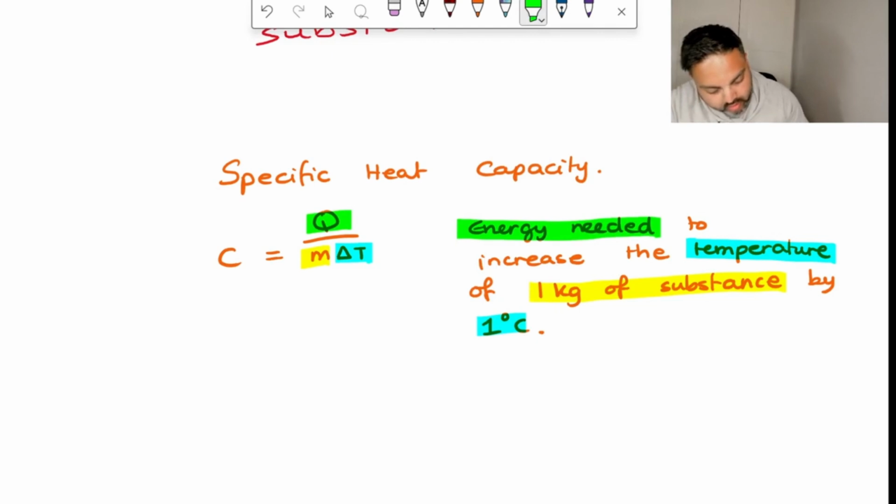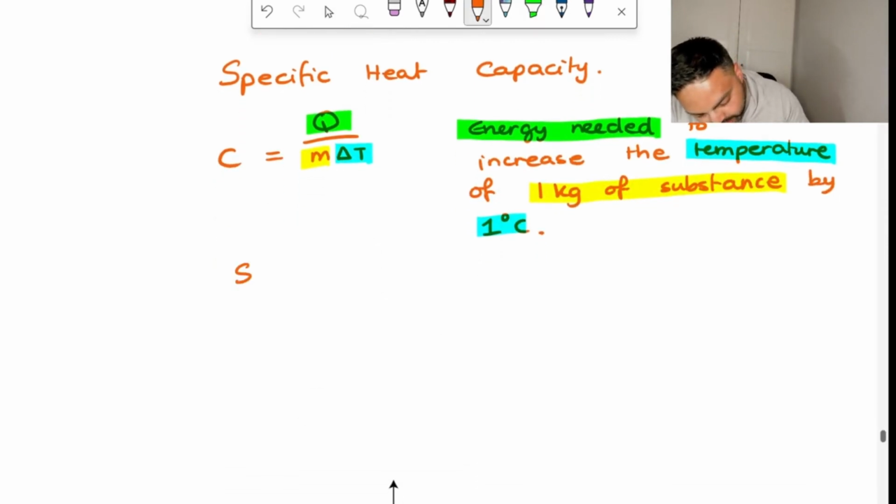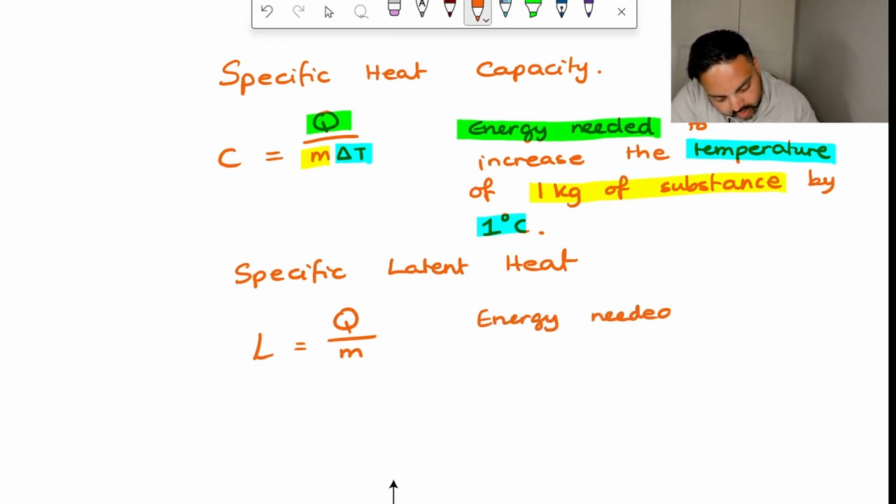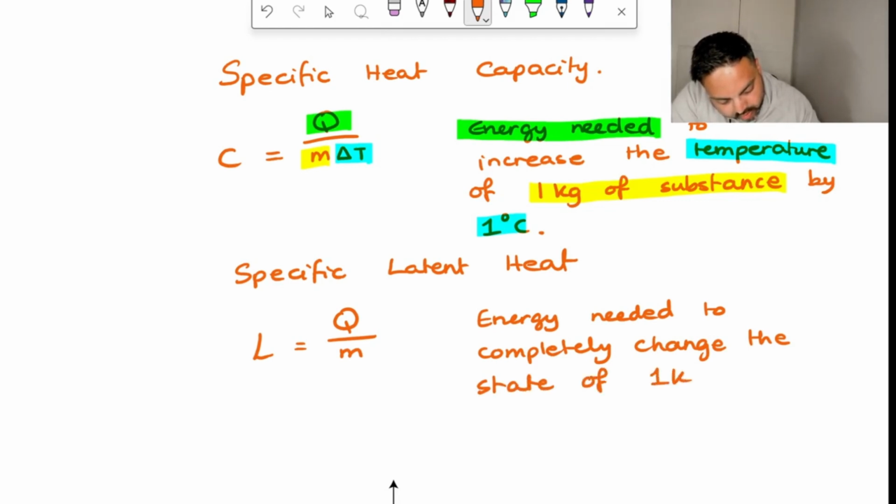Q, energy needed. Whereas when we talk about specific latent heat, L, it is the amount of energy needed to completely change the state of 1 kilogram of material without changing temperature.